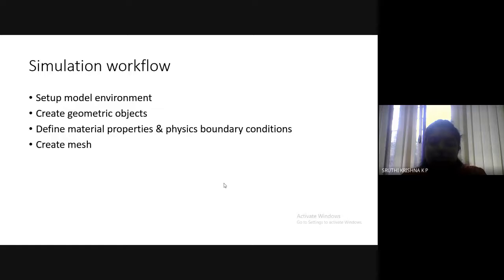The whole of the structure is divided into small meshes, in different shapes like tetrahedral or triangular meshes. Based on your accuracy or your need of the data, you need to optimize that mesh, and we need to run the simulation, and we can post process the result.